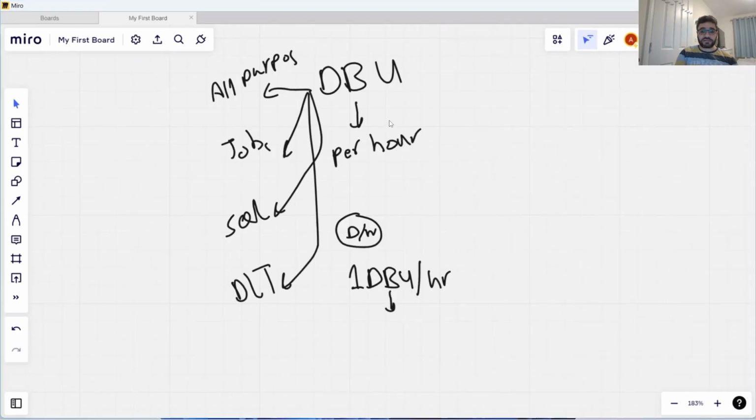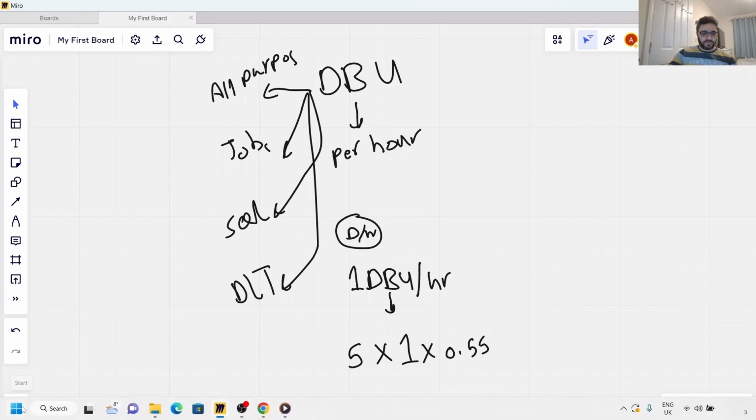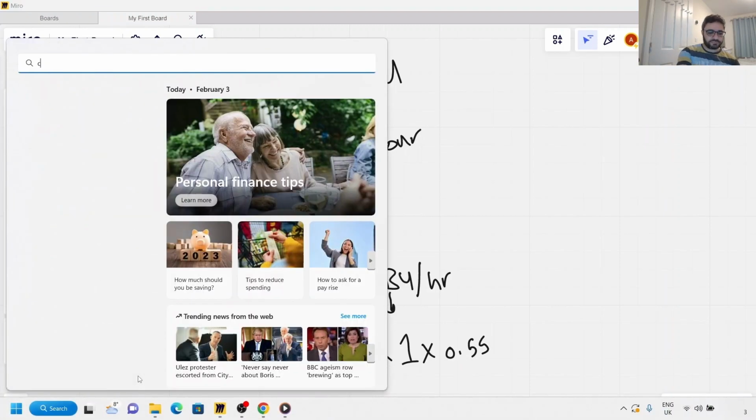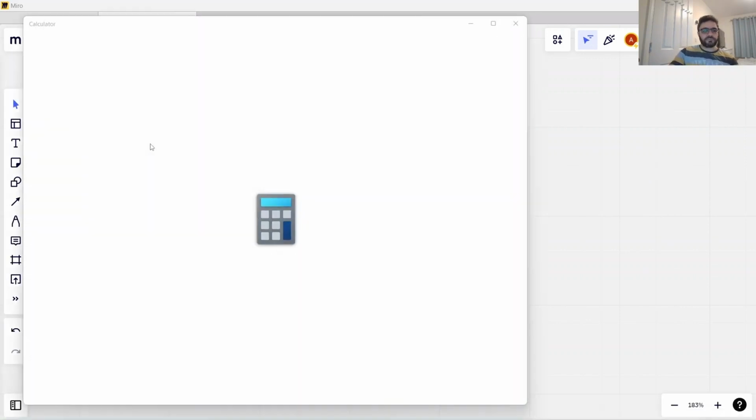So say we run this cluster for 5 hours, and it burns 1 DBU per hour, so times 1. How much is a DBU? It's 0.55. You can do the math with a calculator.